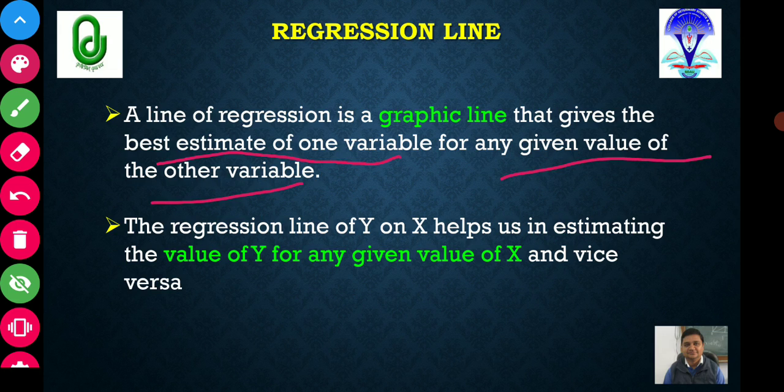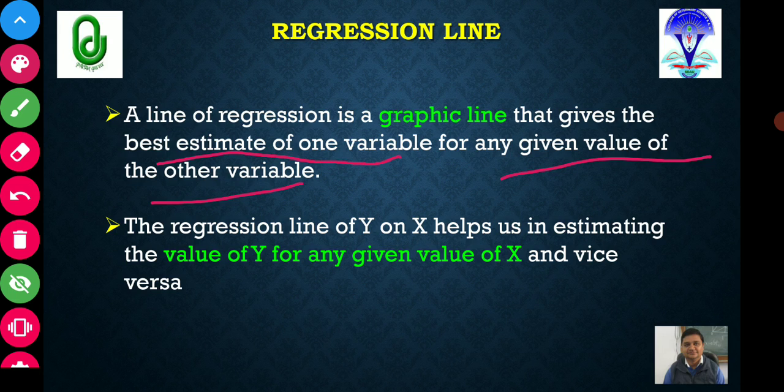So this regression line will establish a relationship between two variables in terms of values. What will be the value of one variable if the other variable is this much? If we present that in the form of a graph, then such a line is called a regression line.